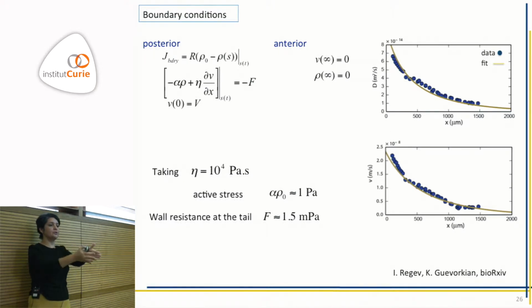So as the embryo is growing, there is a resistance from the tissue in front of it, which is measured here. I'm not going to go through it, but we are developing experimental techniques to measure these values experimentally and see if these predicted values are correct or not. Okay.